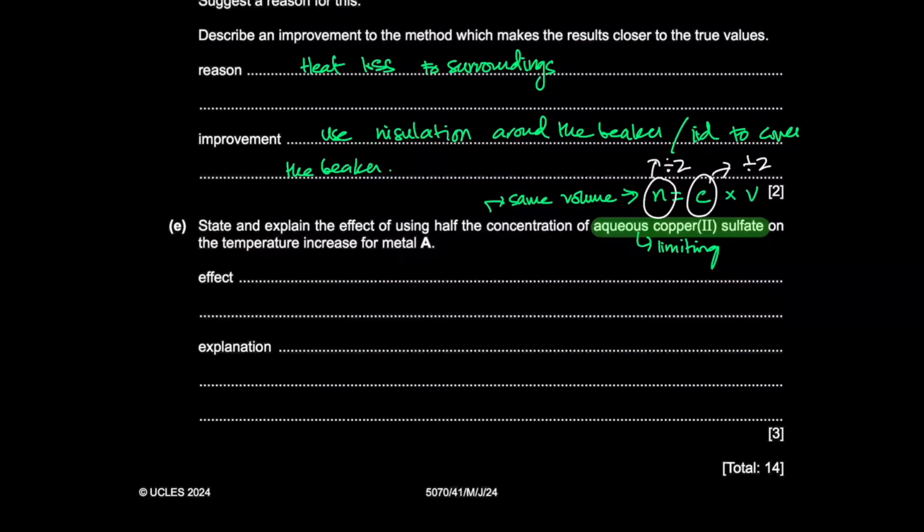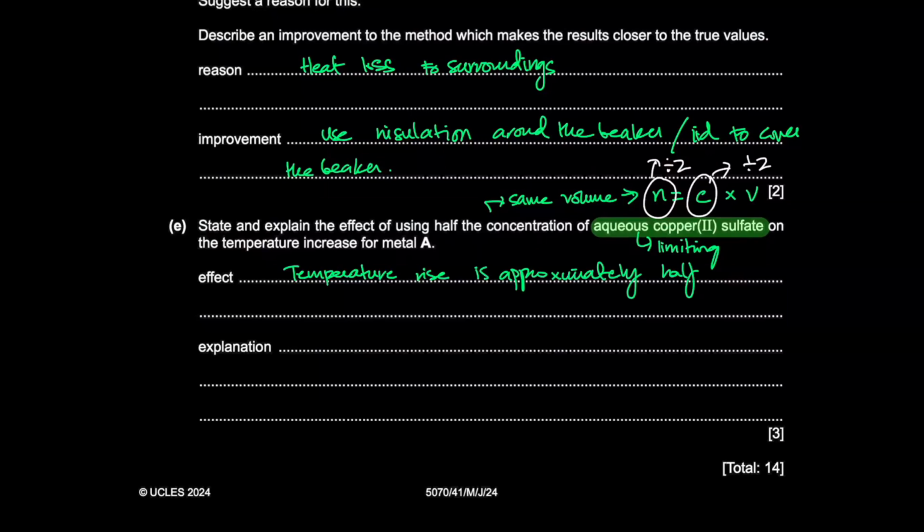Roughly. It won't be exactly halved because heat is being lost, but roughly, right? So we can say that the effect is that the temperature rise is approximately half. Again, it's experimental, so it won't be exactly half, but approximately half.